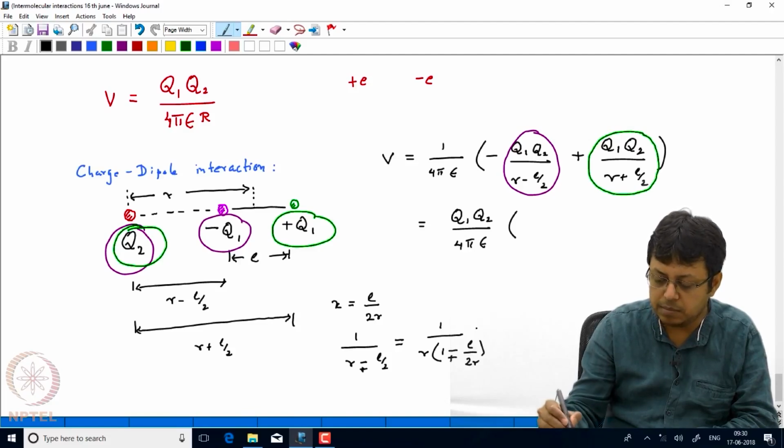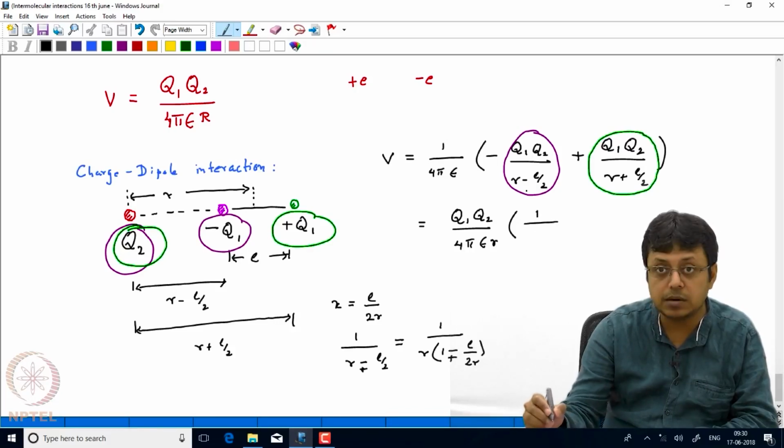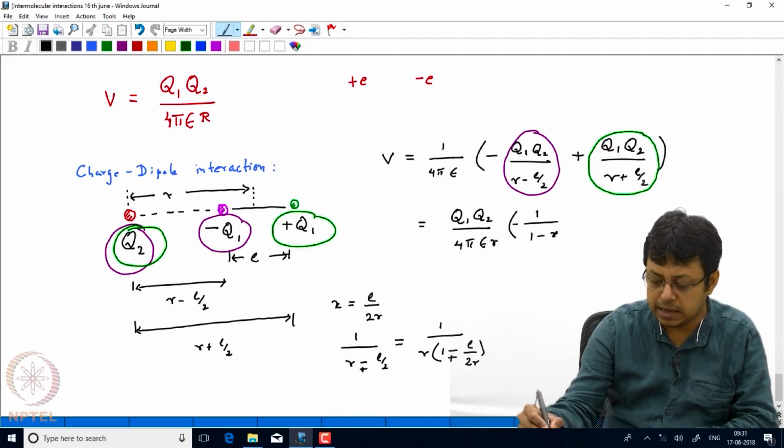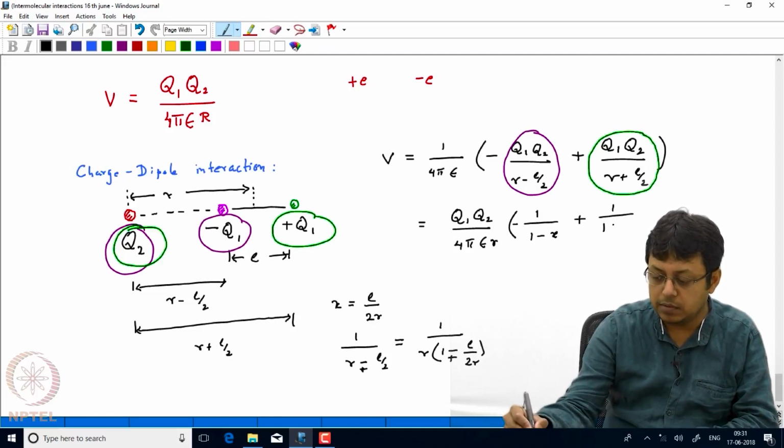So this r I am taking common, so I am writing 4 pi epsilon 0 into r, and then I have 1 divided by, the first term is basically there was a minus, and I have 1 minus x because x is L by 2r, and the second term I have plus 1 divided by 1 plus x.